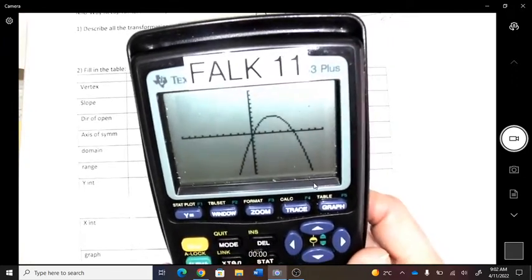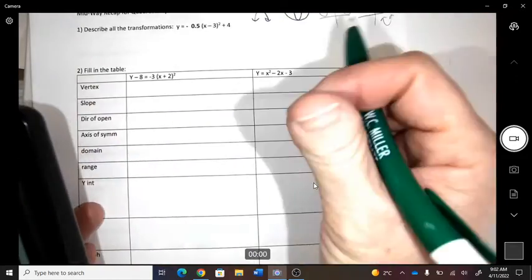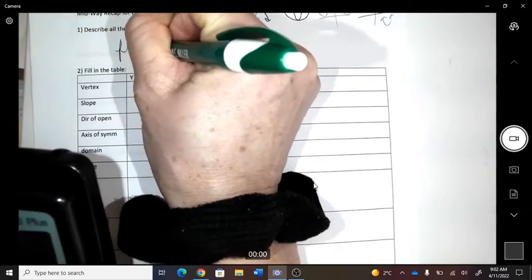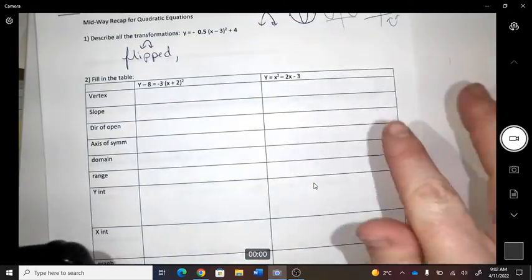Okay, so I can see it is flipped. It flipped upside down. Okay, I had that prediction in my head with the negative.